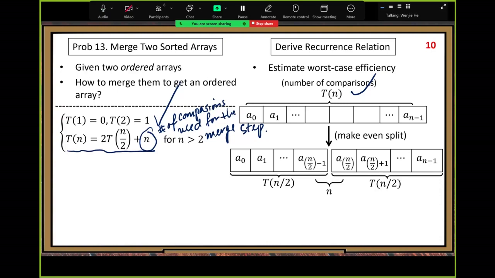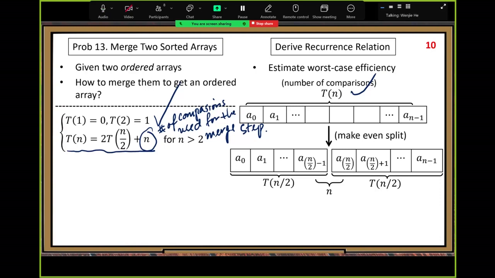Now, we want to solve this recurrence relation, but if we want to calculate it in a rigorous or accurate way, it could be very hard.